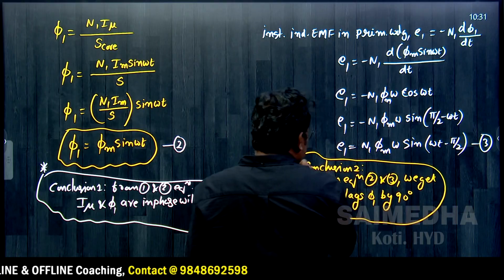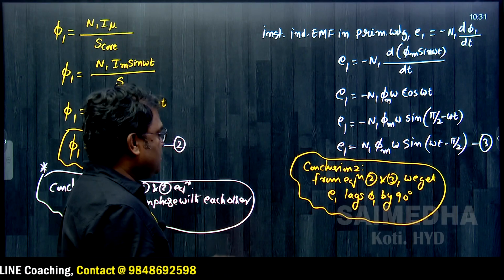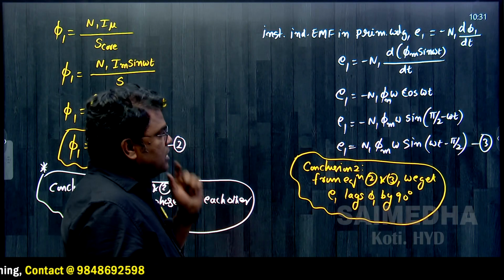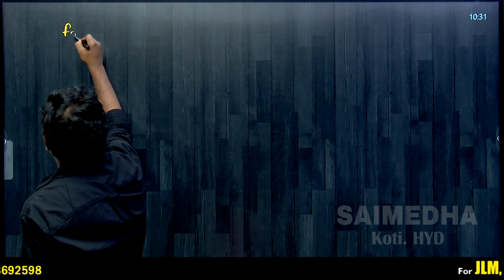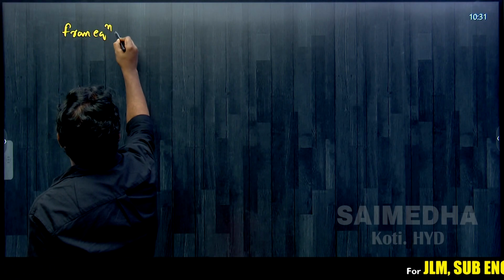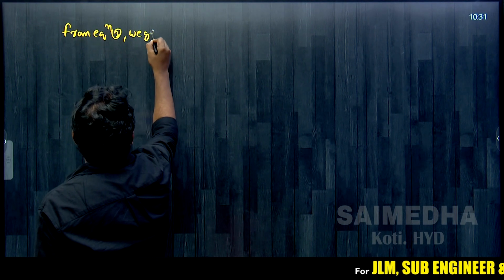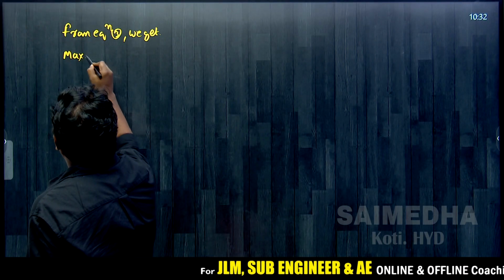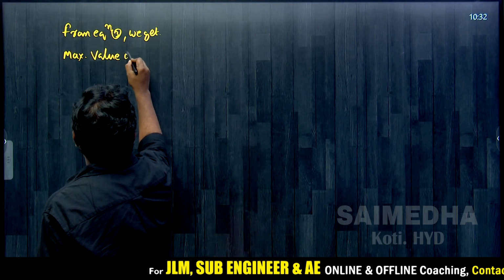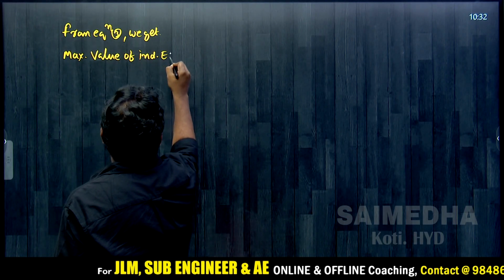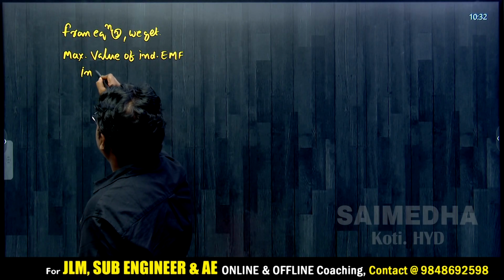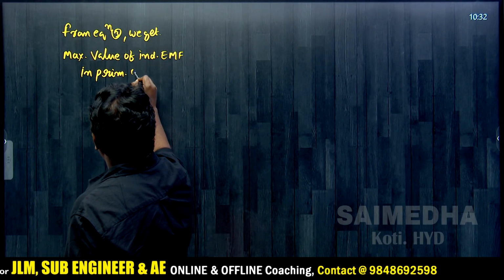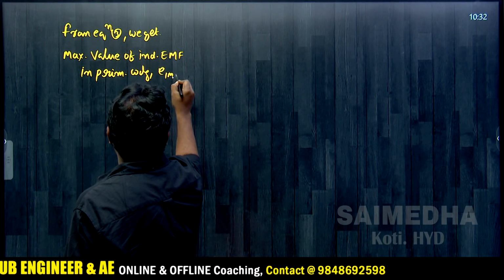So this is conclusion number 2. From equation 3, we get that the maximum value of induced EMF in the primary winding is denoted by E1 maximum.